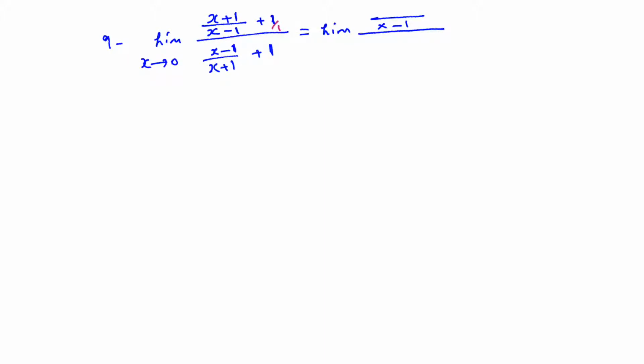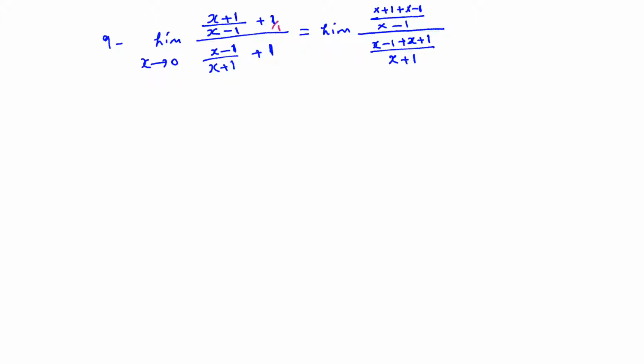Therefore, the numerator becomes x plus 1 plus x minus 1 divided by x minus 1. At the denominator, we have x minus 1 plus x plus 1 over x plus 1.